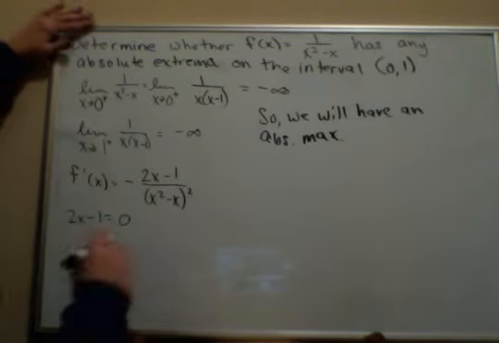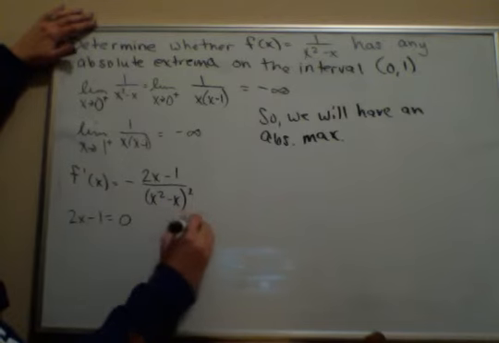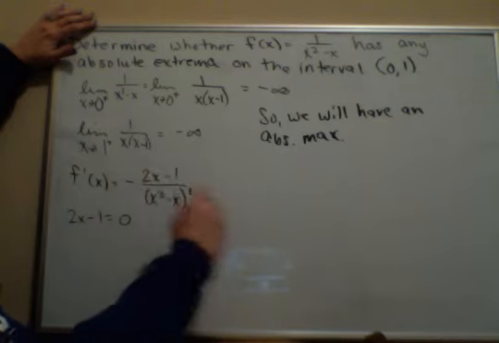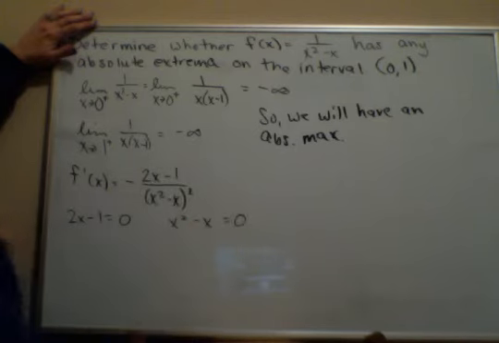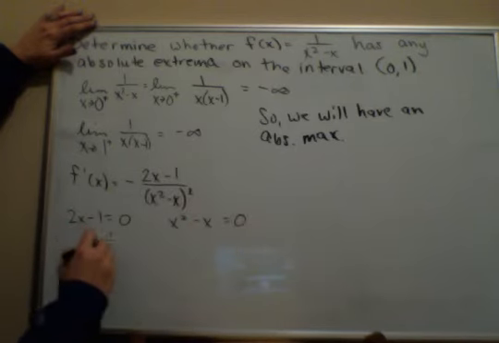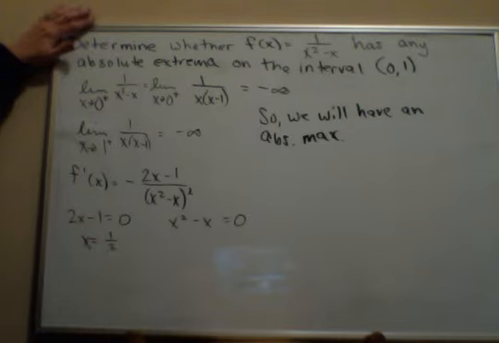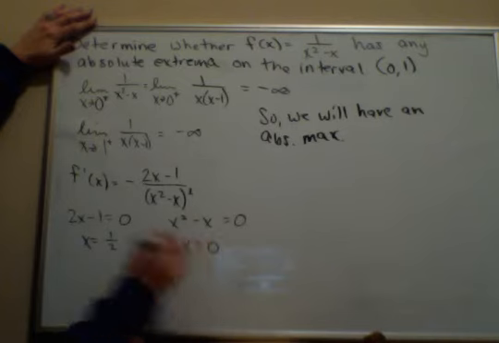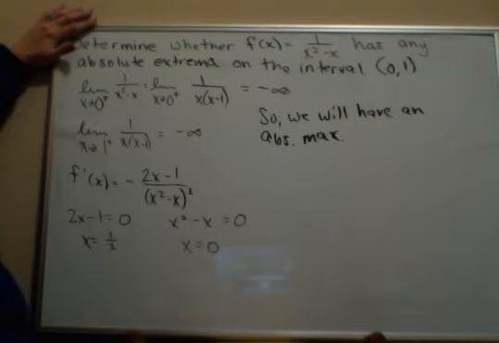And we're also going to look at x squared minus x equals 0. When we solve this one, we're going to find out x equals 1/2. When we look at the other one, we're going to find out that x must equal 0 or 1.